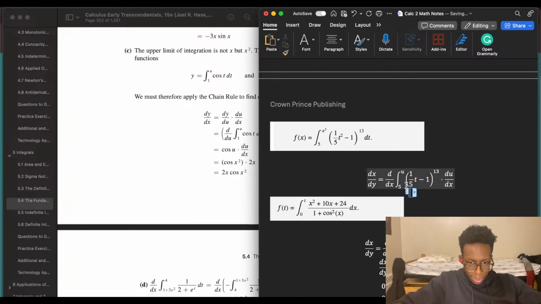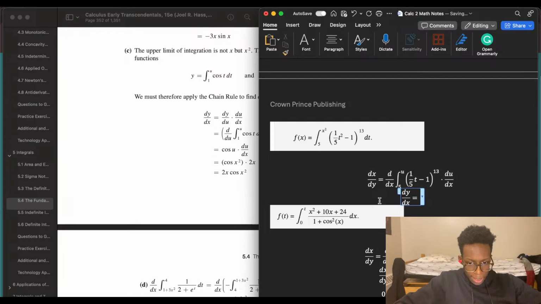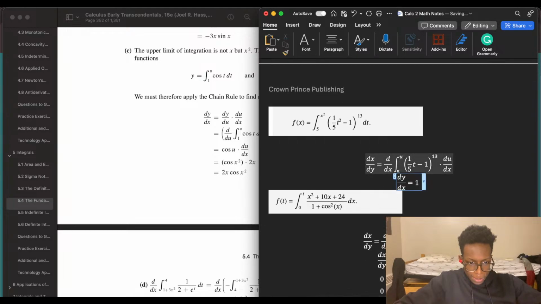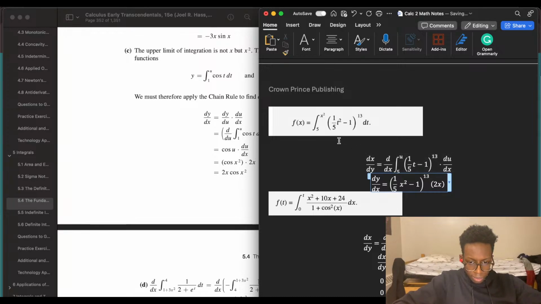So then it will now be dy/dx equals 1 over 5, x squared minus 1, times 2x, and then that's it, and then you just have that answer. So that'll be your answer.